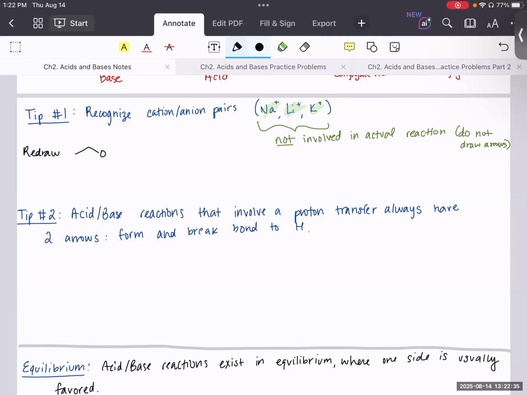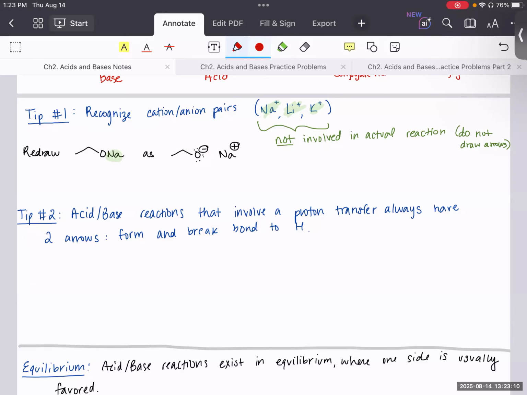So if you see something like this, where you see a sodium next to an organic element, what you immediately want to do is just redraw it as that negative charge and that positive charge on the sodium. And so all of your reaction arrows should involve this oxygen right here and should not touch this sodium. That sodium is just there to balance out the charge.